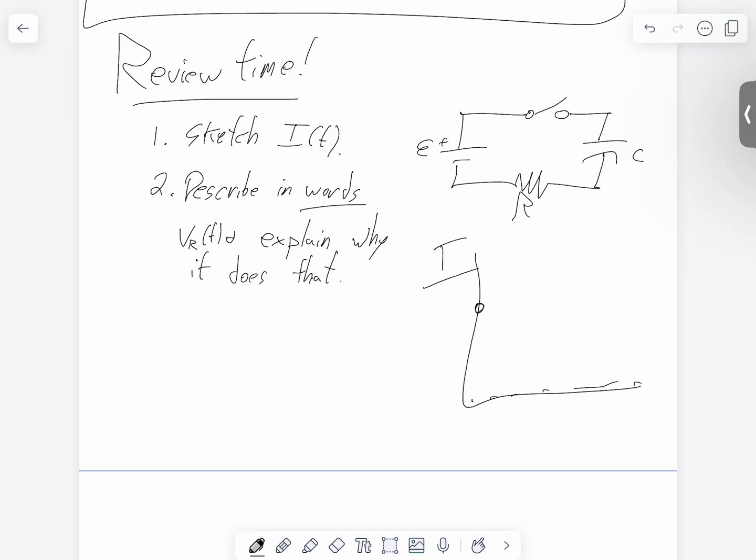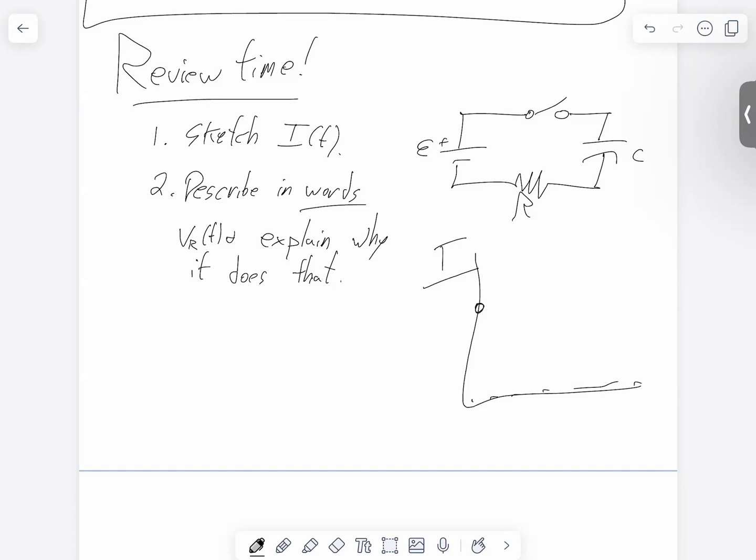There's nothing inhibiting the flow. What equation guarantees there is no voltage at the start? For the capacitor, the capacitor voltage starts at 0. What equation promises that?